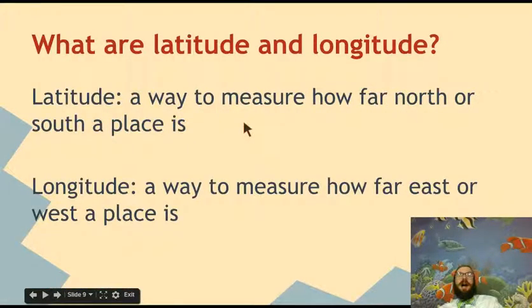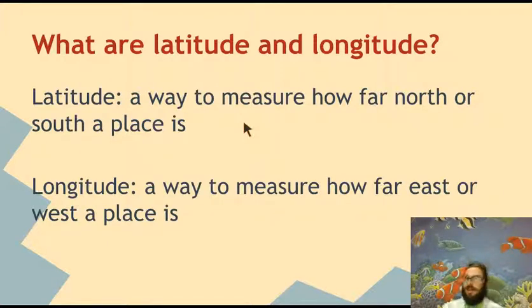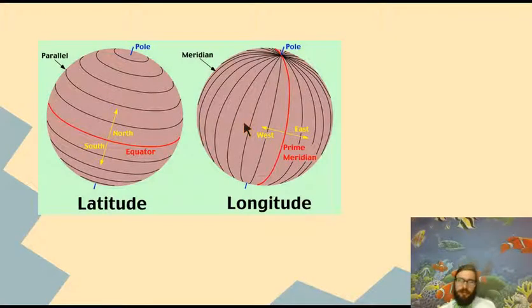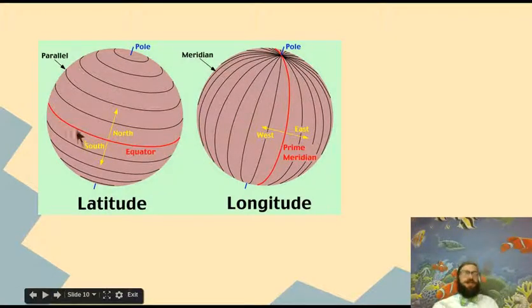Latitude is a way to measure how far north or south a place is. And longitude is a way to measure how far east or how far west a place is. So let's look at exactly what that means. Here are latitude lines. They go side to side. The equator is in the middle, and by using my latitude lines, I can measure how far north a place is.